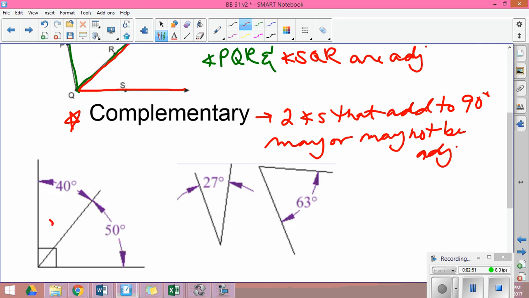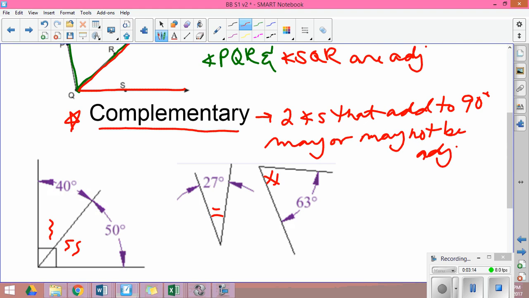So here you can see that this angle and this angle happen to be adjacent. 40 plus 50 is 90. They are complementary. This angle and this angle are not adjacent, but 27 and 63 add together to 90, so that makes them complementary. So this is a way I could describe the relationship between two angles.